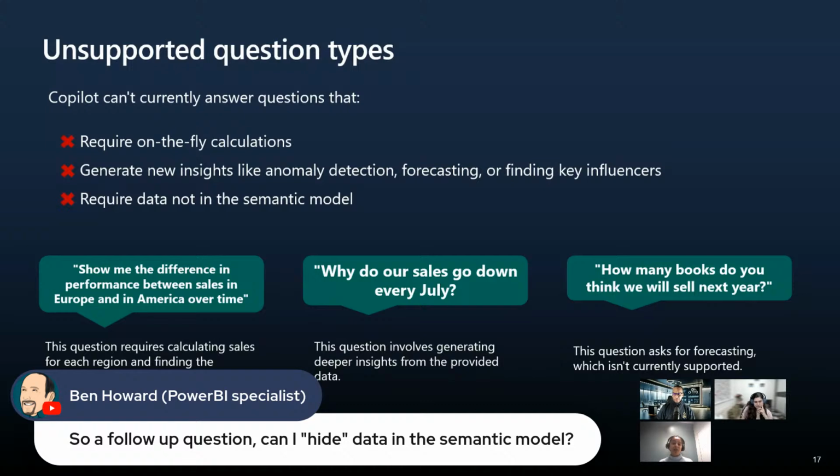No, not as of now. So basically, it takes your entire semantic model data to use and give you answers. I'm actually curious, and maybe we can take it offline. Ben, why do you want to hide some of the data and not allow Copilot to actually use that?